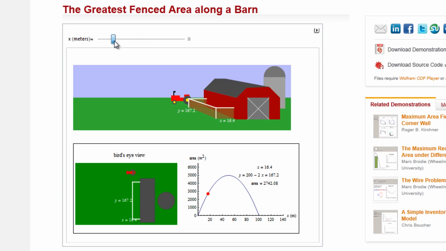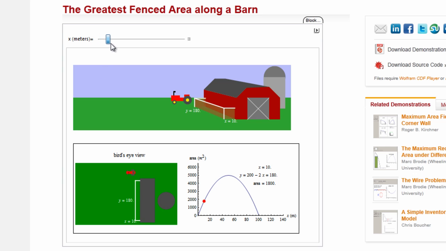So if I build a region where the width is extremely small, 1 meter, but the length is 198 meters, well, I've used 200 meters of fencing, right? 1 meter here, 198 meters there, and another 1 meter up against this fence, so that's 200 meters. But the area is so small that we can't fit anything in there, and it's a very small area.